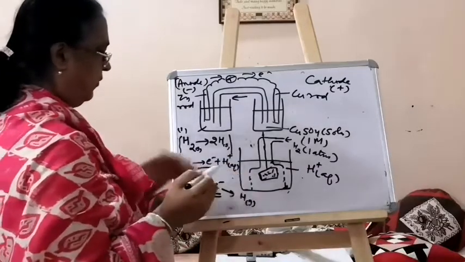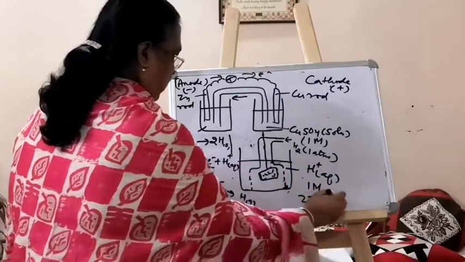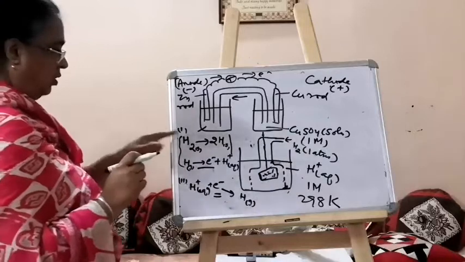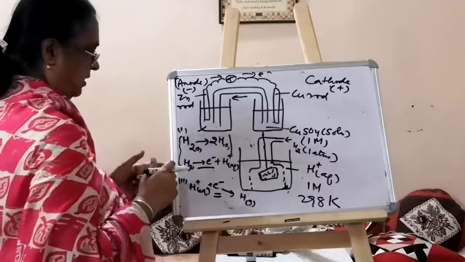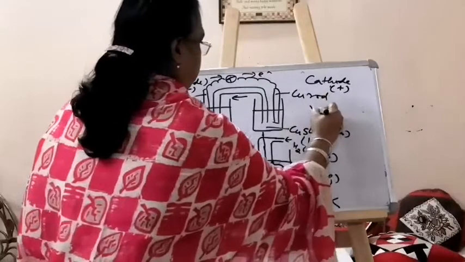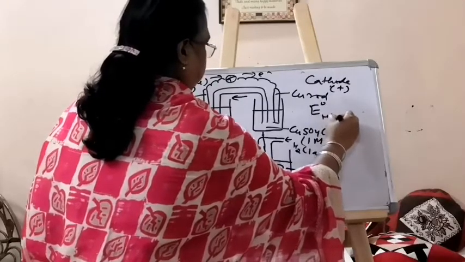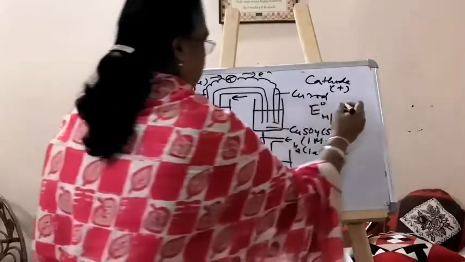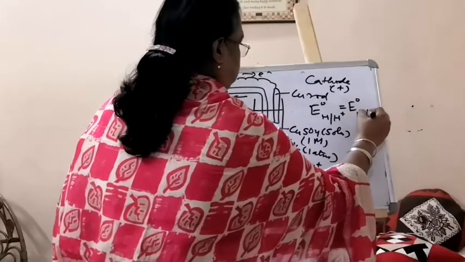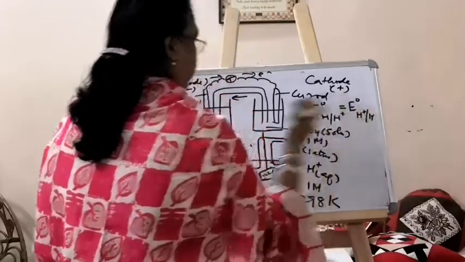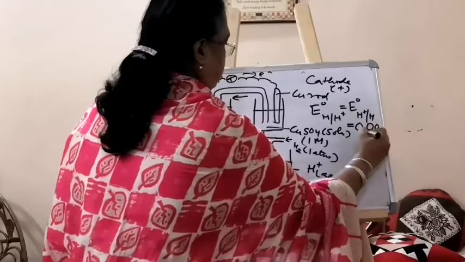So in this type of electrode, when the concentration is 1 molar and temperature is 298 Kelvin, both these phenomena are taking place at the same rate. So the electrode potential, whether it is the standard electrode potential for oxidation or the standard electrode potential for reduction, whatever you take, is exactly the same and found to be 0 volt.